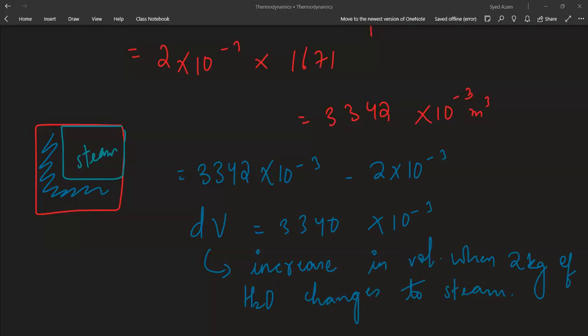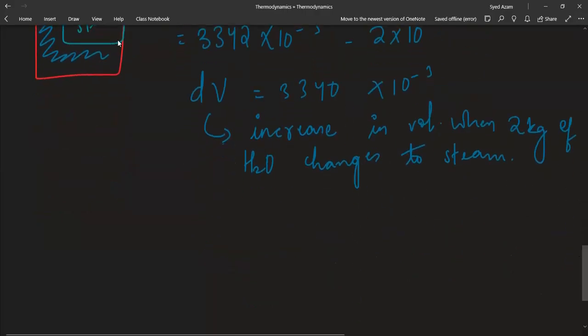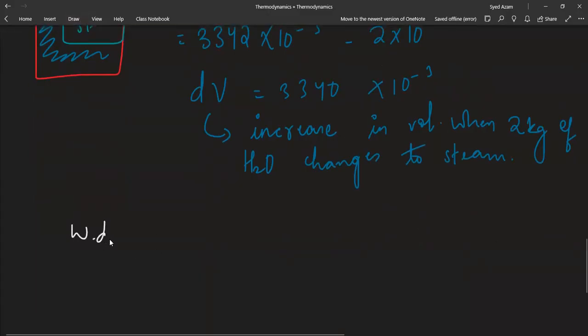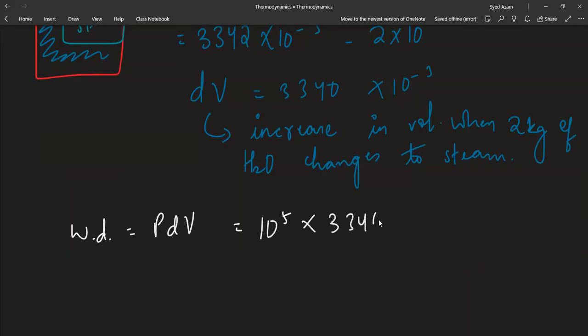So if we have the change in volume, can't we calculate the work done? If we have dV, we can apply the concept that work done will be PdV. Atmospheric pressure we'll take, that is 10 to the power 5, multiplied to this whole thing, 3340 into 10 to the power minus 3.